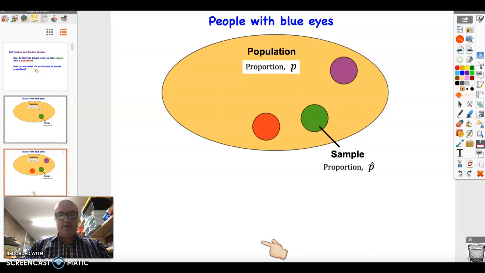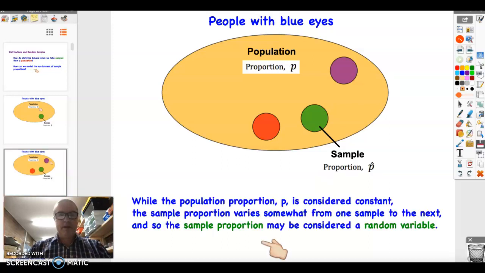If we take different samples, even if they're the same size samples, we wouldn't necessarily expect that they're all going to have the same proportion of people with blue eyes. So while the population proportion, which we use P for, is considered constant, the sample proportion will vary somewhat from one sample to the next, and so the sample proportion may be considered a random variable.